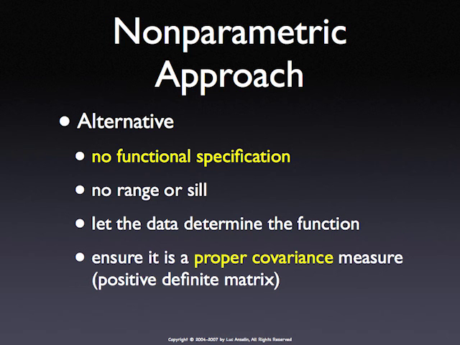If you take a proper variogram function, you get a proper variance covariance matrix. In the non-parametric approach, nobody's telling you what to do. It's the data. And so the data can very well provide you with the equivalent of a negative variance, which is a variance covariance matrix that is not positive definite for all the distances involved in the computation. So that's something to keep in mind as we proceed.